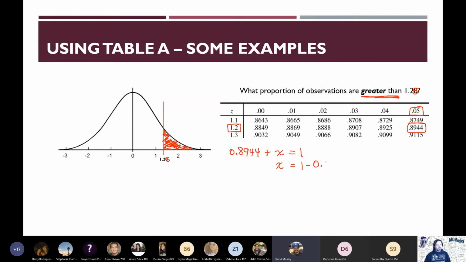So we subtract the 0.8944 from 1 to find out the proportion that is greater than 1.25. And that gives us 0.1056.